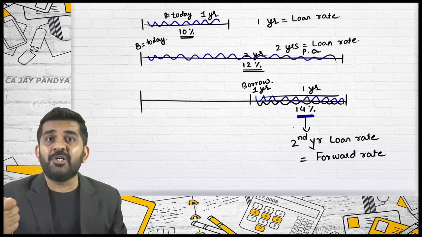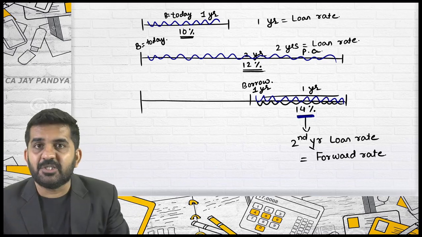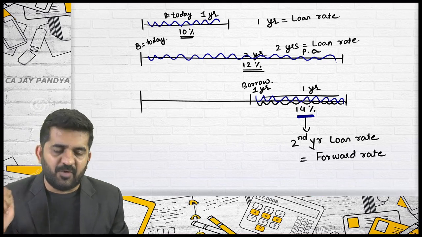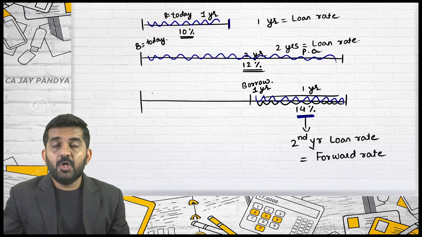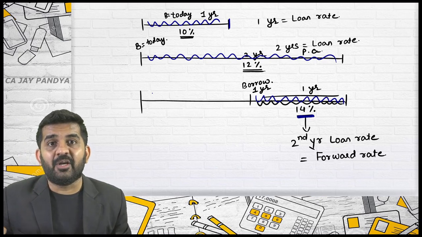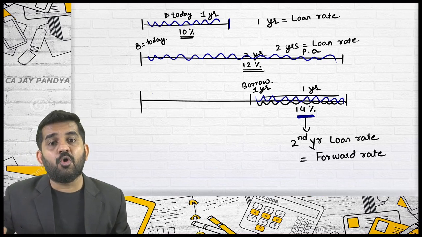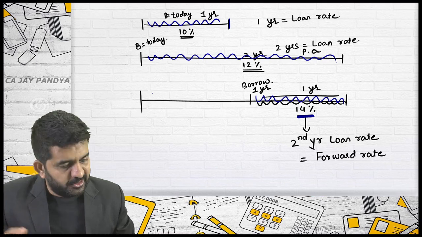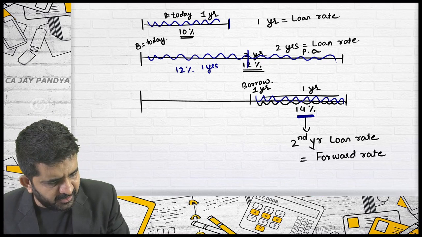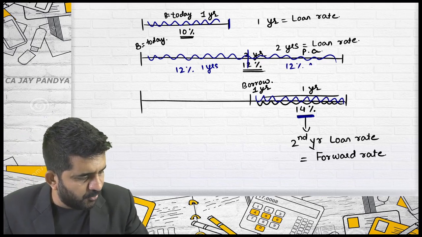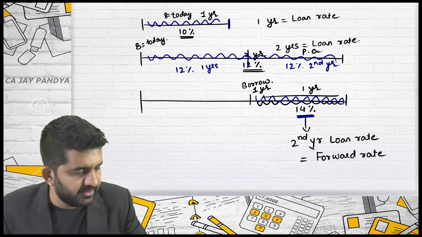What is the current year's loan rate? 10%. If you want a loan for 1 year, what is the rate? 10%. Is it alright? What is the loan rate if you want to borrow for 2 years? It is 12% for first year and 12% for second year.